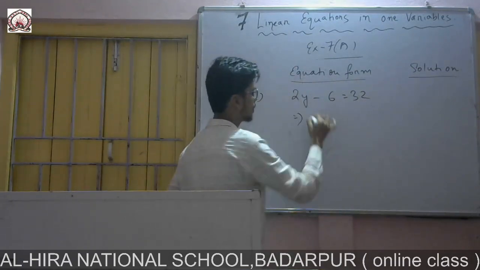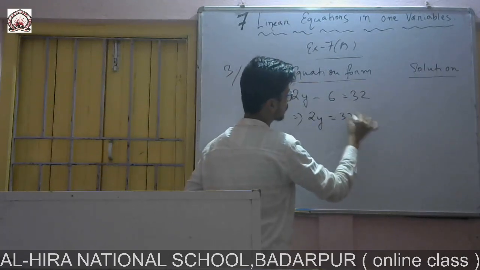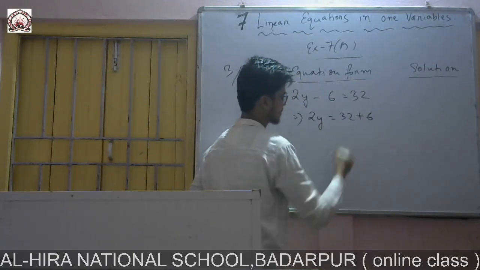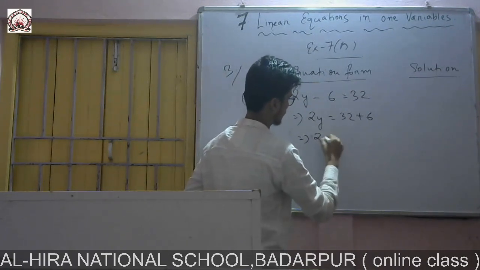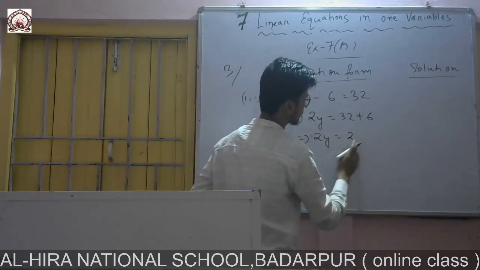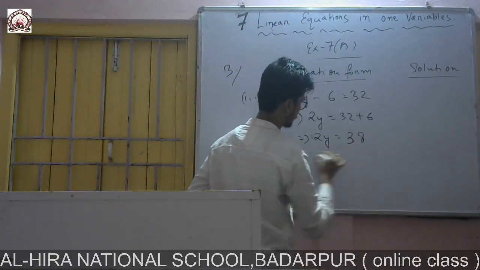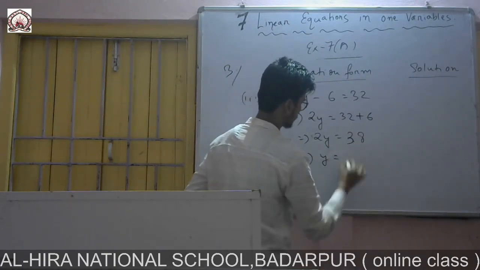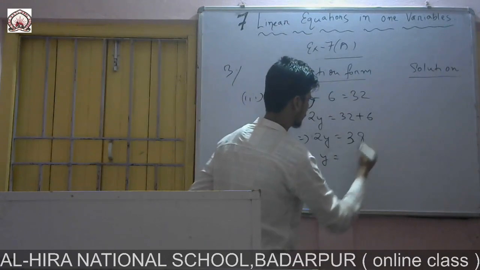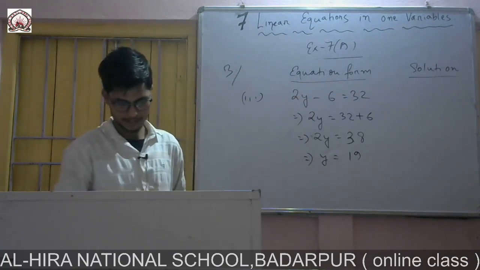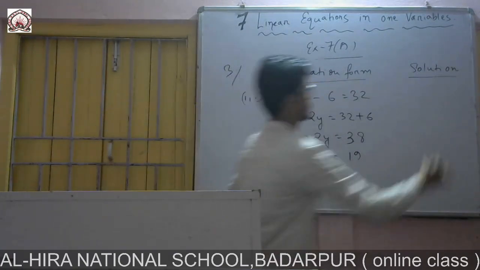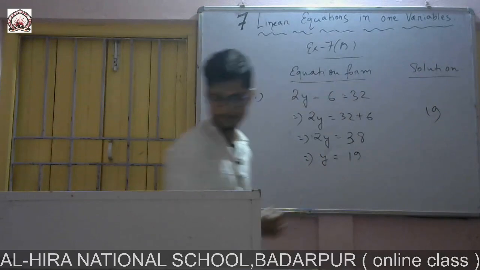That means if I solve, 2y equal to 32, it is minus 6, so I will write plus 6. So 32 plus 6 is 38. Okay. So y is equal to 19. So the solution will be 19.